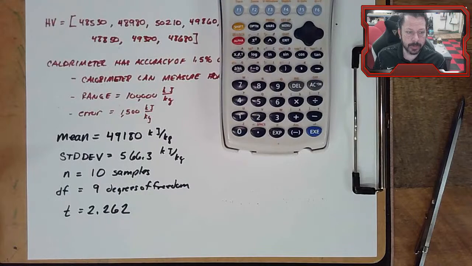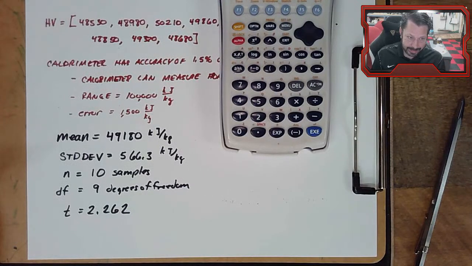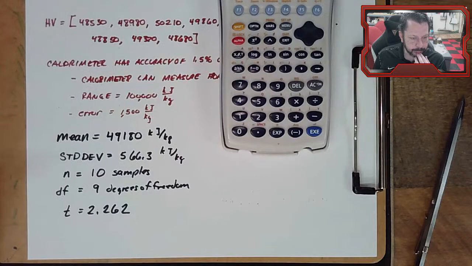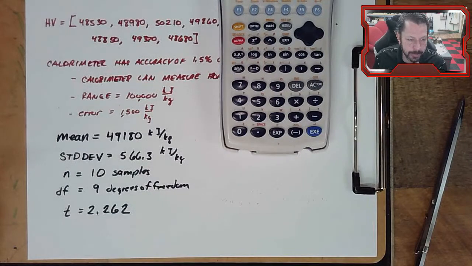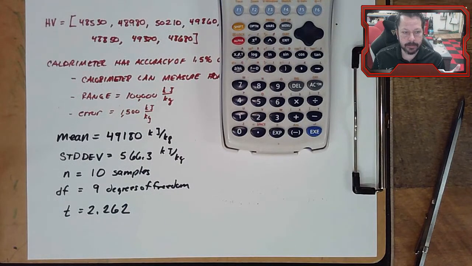Remember, in Python, it's the SciPy stats library that does this, and it measures area out of 1. So you have to do 1 minus your level of significance to get the actual number that you're looking for.